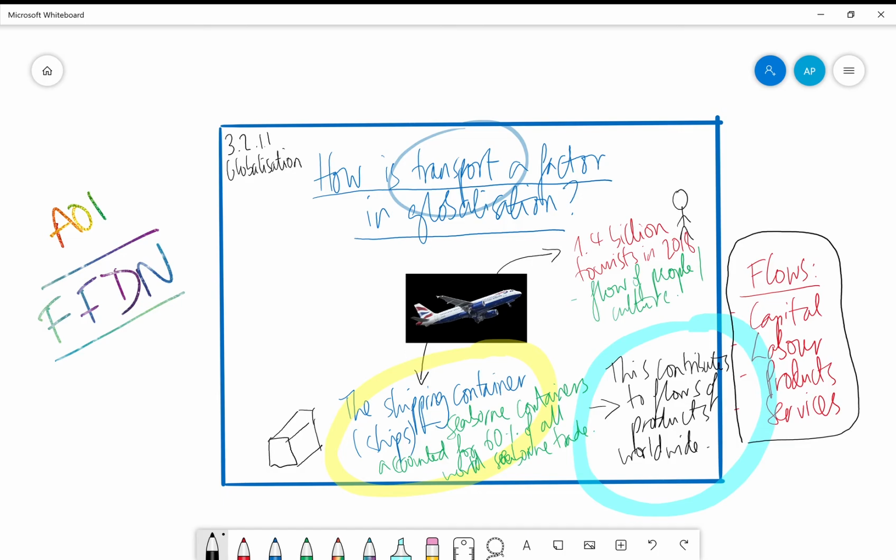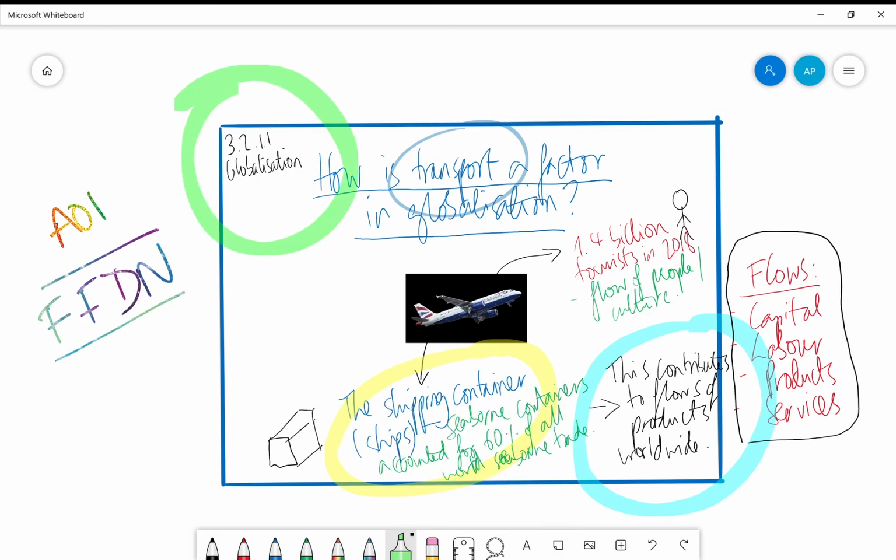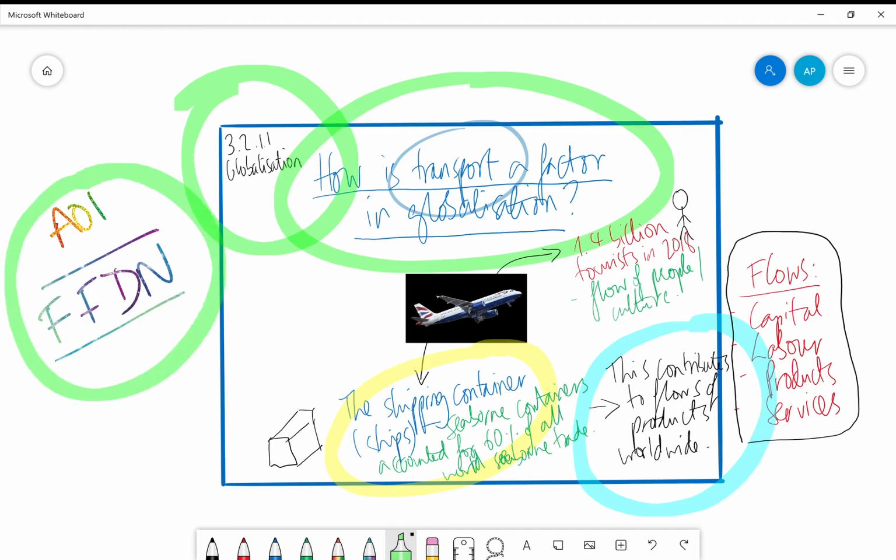So just to go through the key ingredients again. What we want to be doing is, first of all, starting from the spec. And that's what we've done over here, a very clear link to the spec. Then we want to summarize what we're looking at and turn it into a question. And that's what we've done right here. Then you want to go ahead and include at least 1, if not 2, facts, figures, dates, or names, which is this acronym right here, and which we've done right there and right there too.